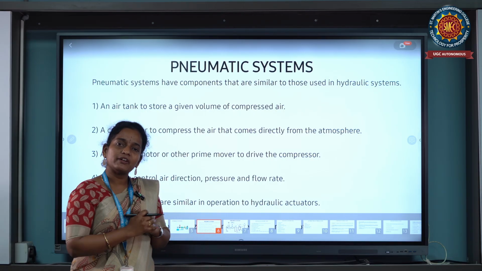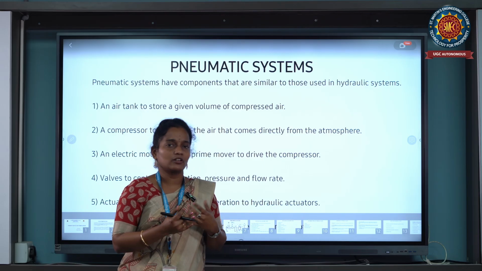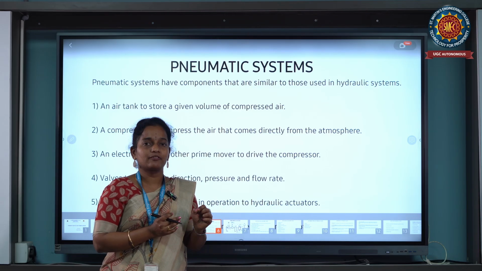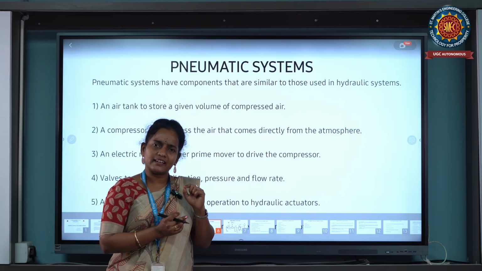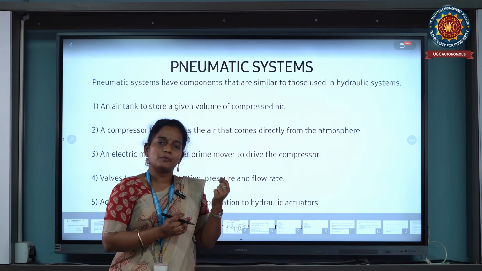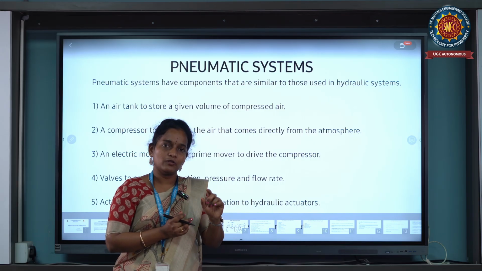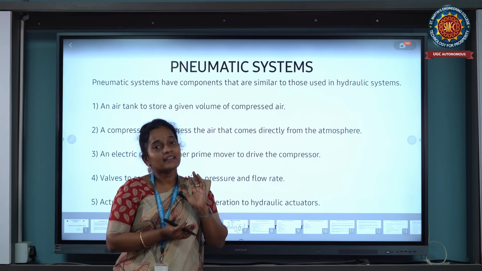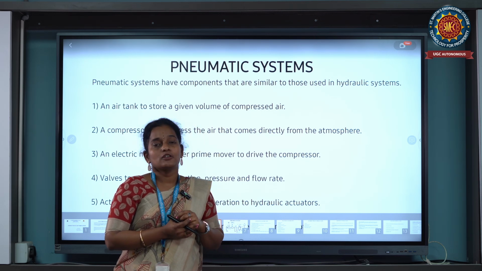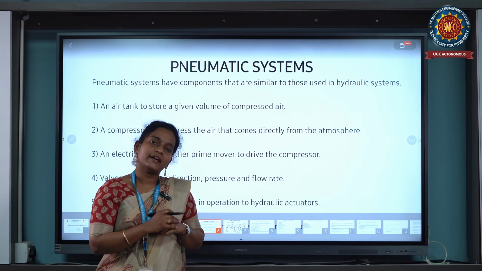When the working fluid in a fluid power system is a liquid, either oil or petroleum or diesel, whatever it is, those systems are called hydraulic systems. When the working fluid is gas or air, those systems are called pneumatic systems.